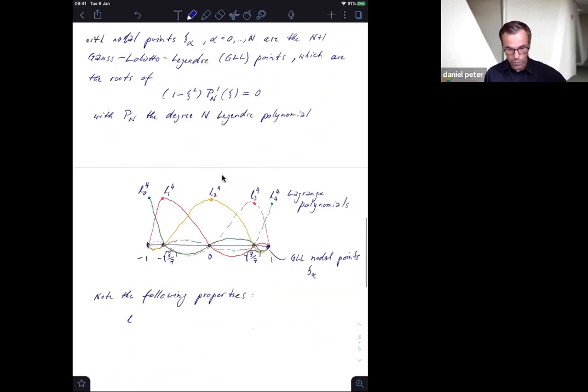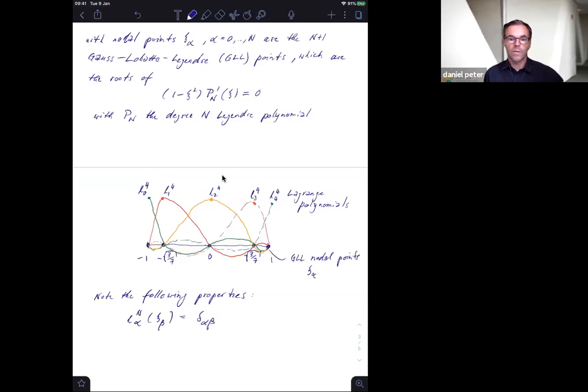The way to write this is that the Lagrange polynomial L alpha, evaluated at the nodal point xi beta, is the same as delta alpha beta.